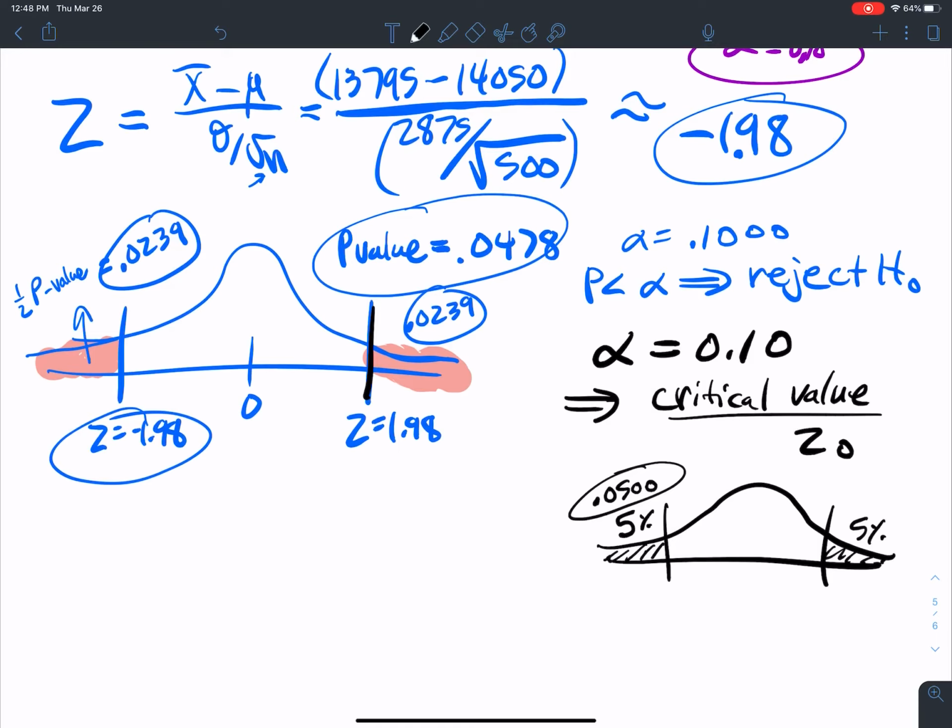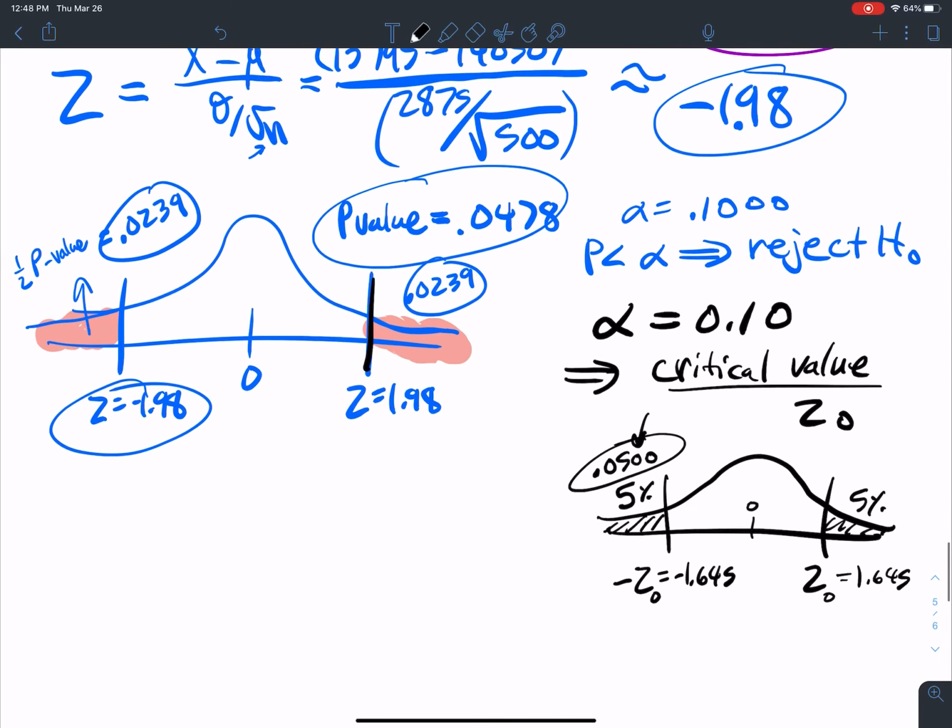This is that special one that if you go look it up, you won't find it. So the critical value is negative 1.645. Remember, you average negative 1.64 and negative 1.65 together because it's right around this value here. And then the positive, what's in the middle, 0, is 1.645.